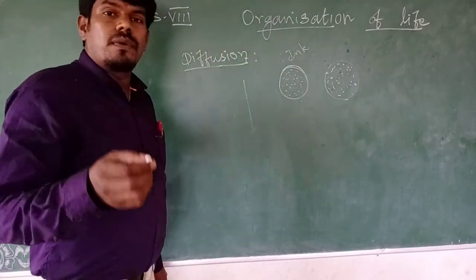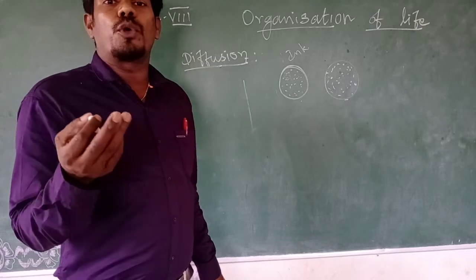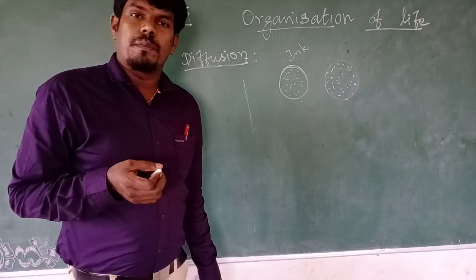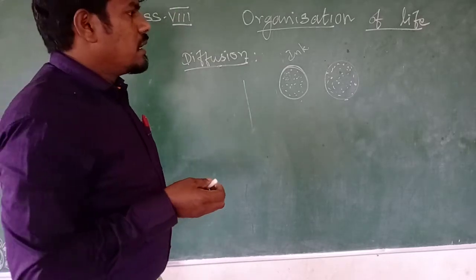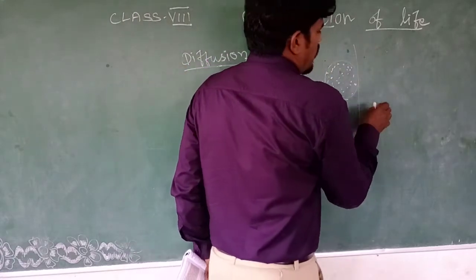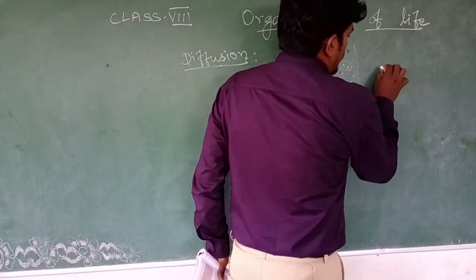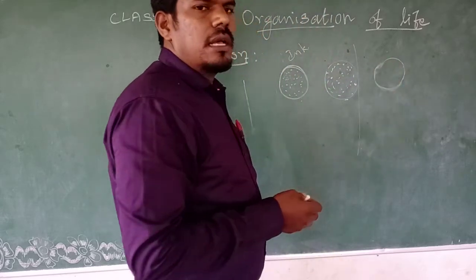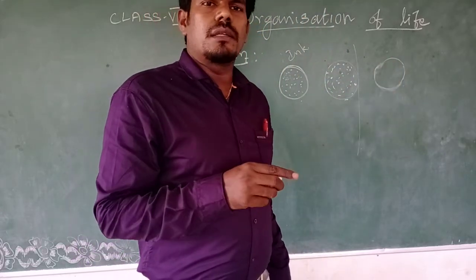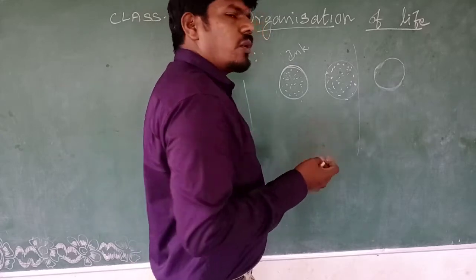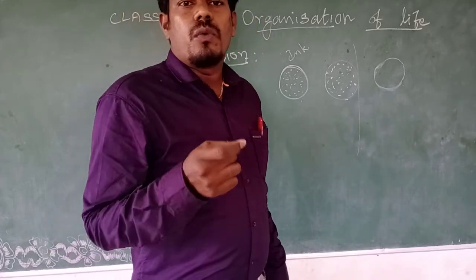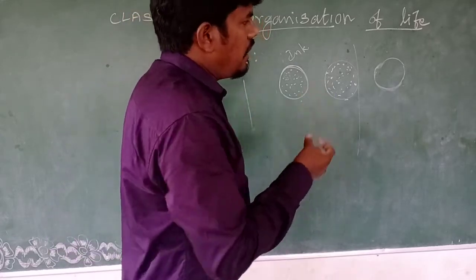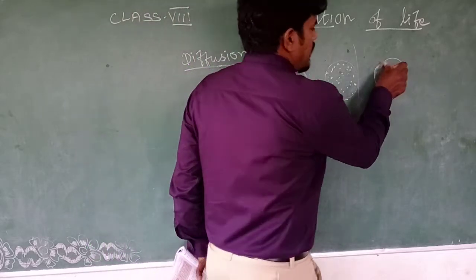A good example for the osmosis process is the potato experiment. It is very simple: take one potato. A potato does not have a permanent shape; sometimes it has an oval or irregular shape. Make a pit in one direction of the potato.